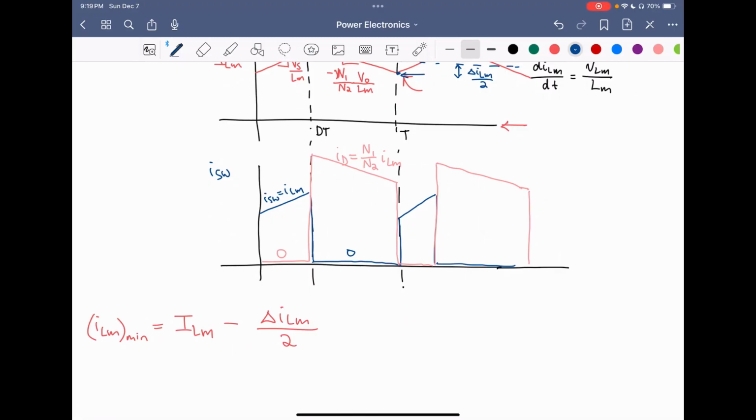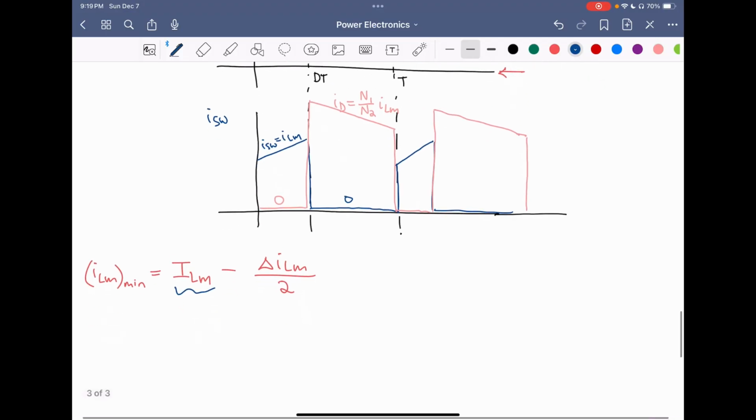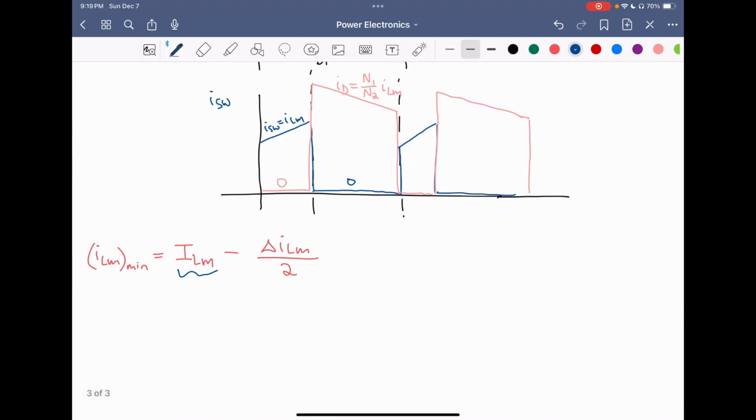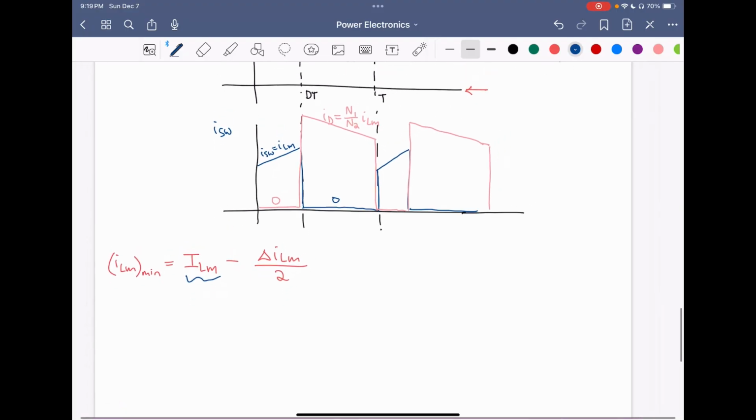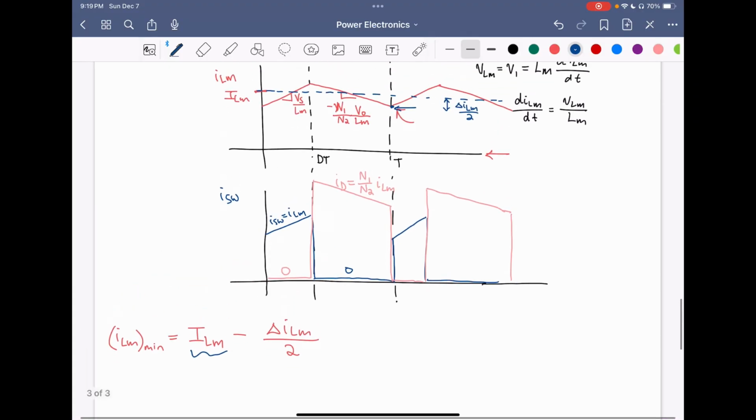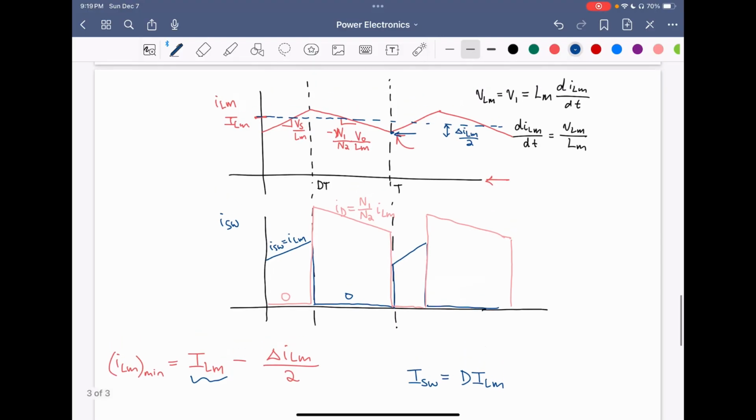So to start by finding the average magnetizing current, we can use the observation that the source current, which is also equal to the switch current, is going to be equal to D times the average value of the magnetizing current.